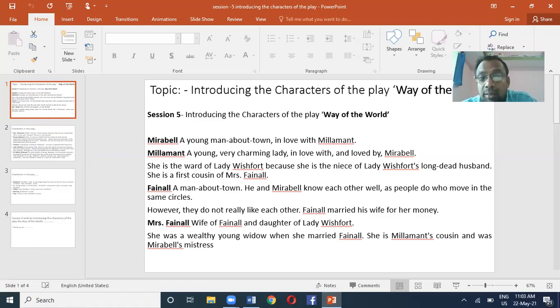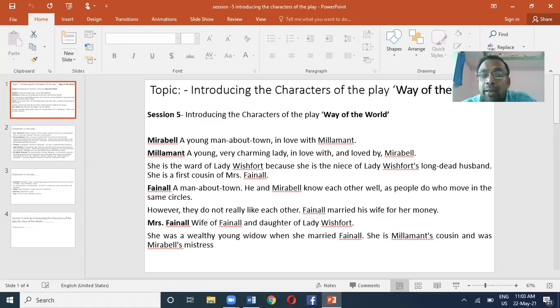Mrs. Fainall, daughter of Lady Wishford and wife of Mr. Fainall, and Millamant's cousin. Millamant was the lover of Mirabel, and Mrs. Fainall was Mirabel's mistress.